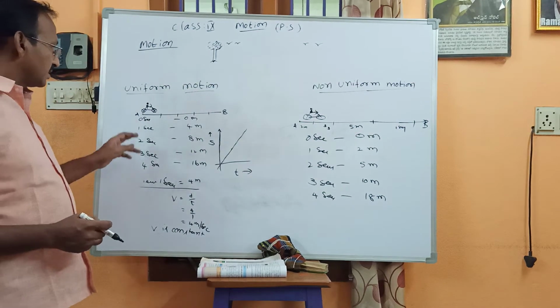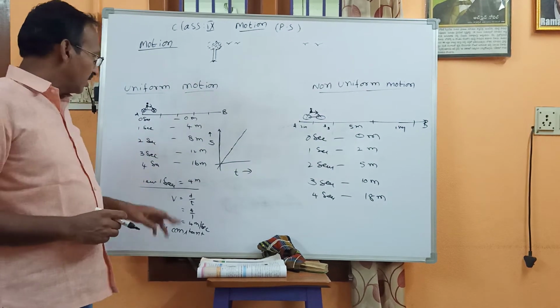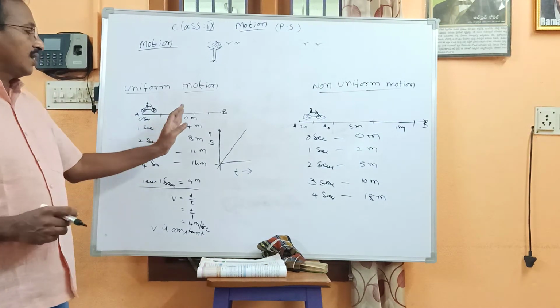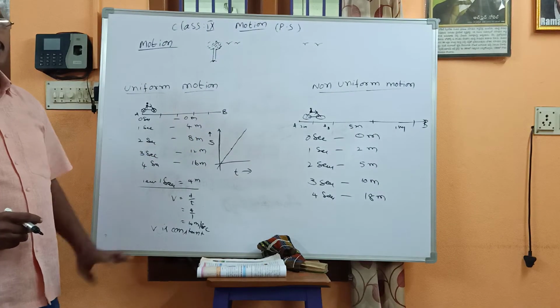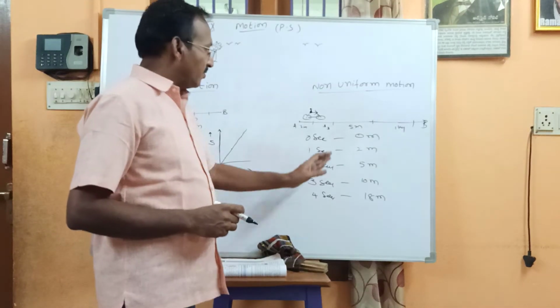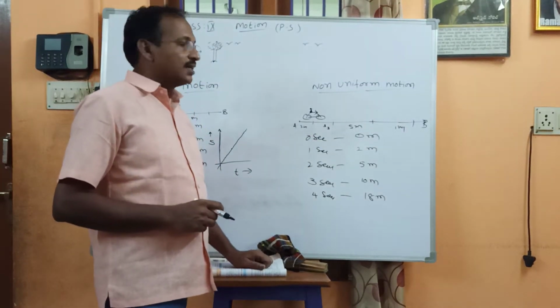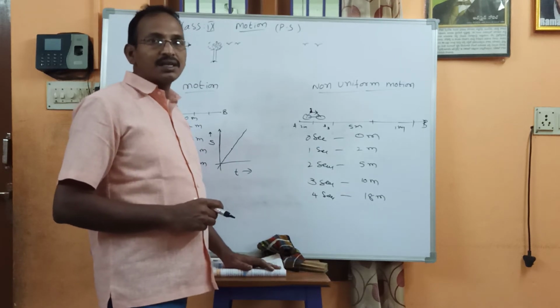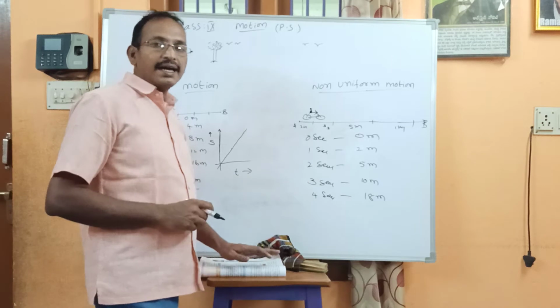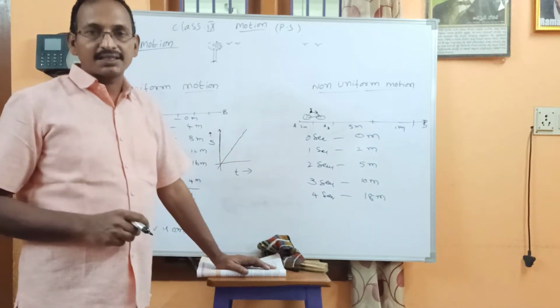When a cyclist travels with a constant velocity, he covers equal distances in equal intervals of time. Here he is traveling different distances in equal intervals of time because his velocity is not constant. So he is moving with some acceleration.